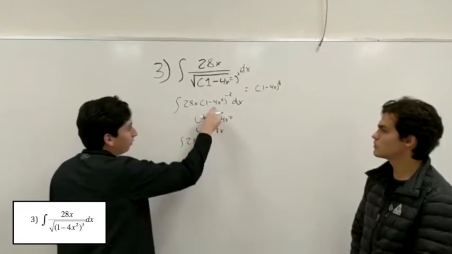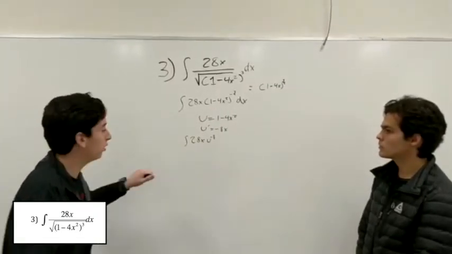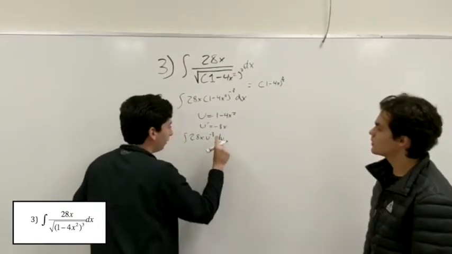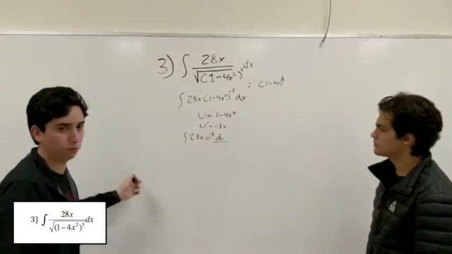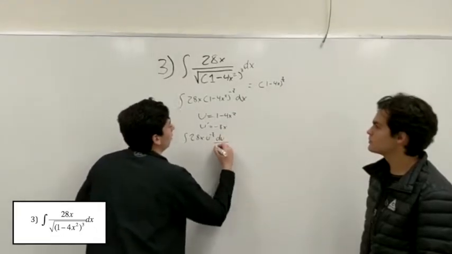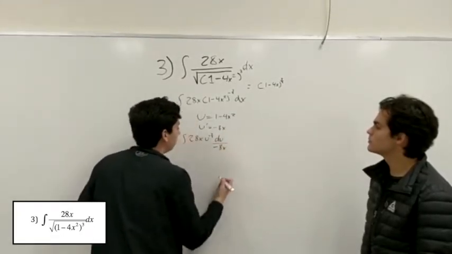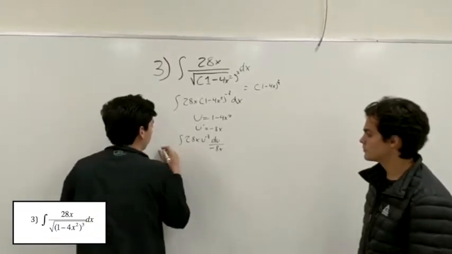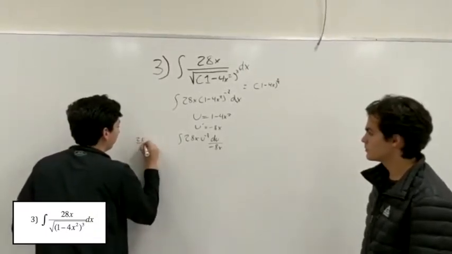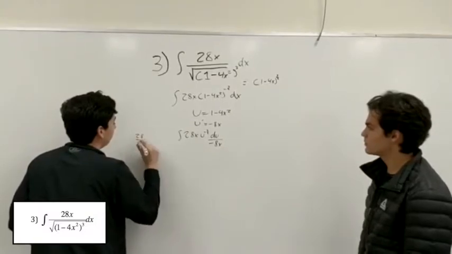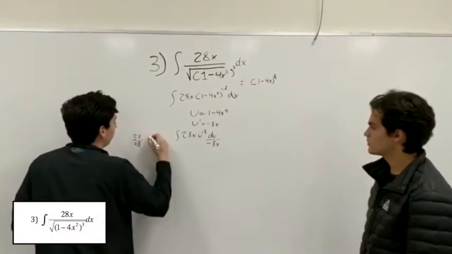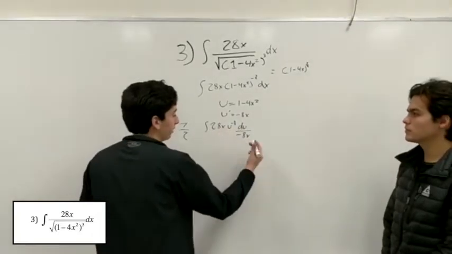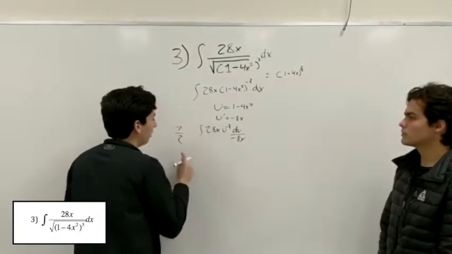We don't have to write again all this, so we just put a u. And du, you have to divide by negative 8x, which is your u prime. So 28 divided by 8 is 28x divided by negative 8x. The x cancels out and it's 7/2.